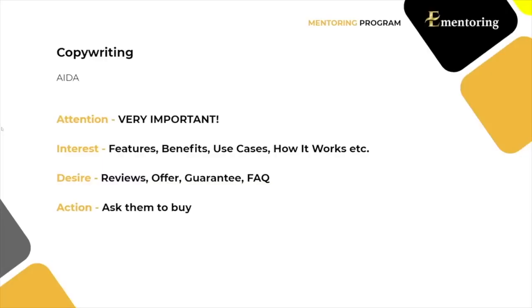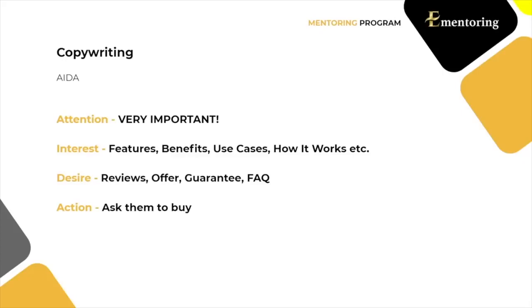All right. The last one is action, and it is as simple as asking them to buy. It's also the last step of copywriting. Now, here in Action, we simply tell people to get your product by clicking add to cart or get mine now, whatever it says on your button. If you want to put more effort into the action section, which I recommend you do, you can also restate your main benefits and end off with saying get yours now, click add to cart and whatever.